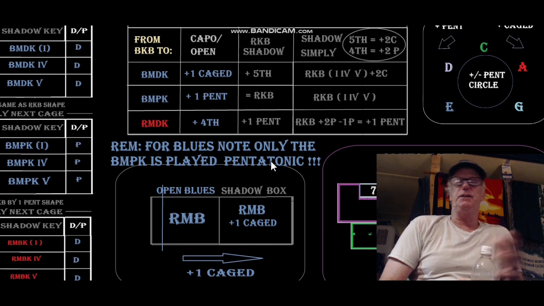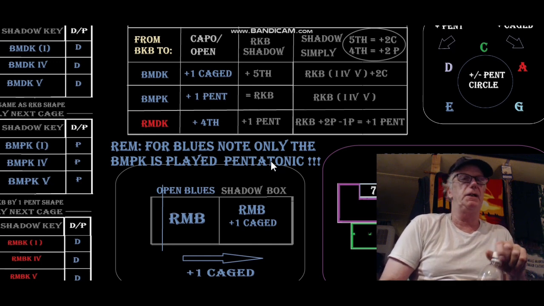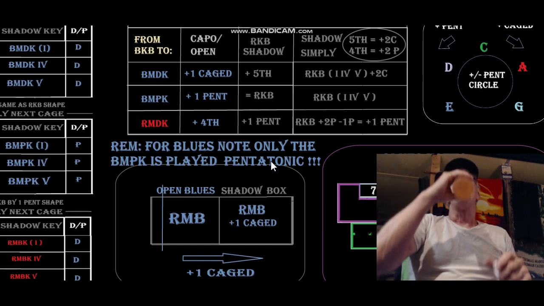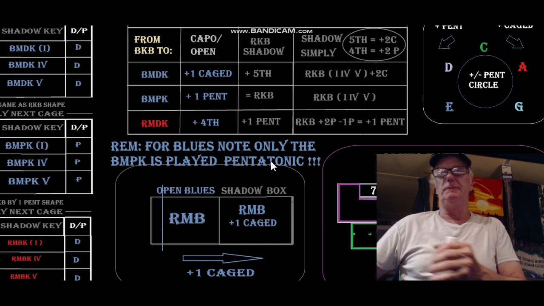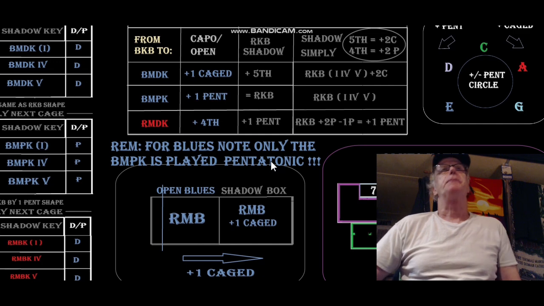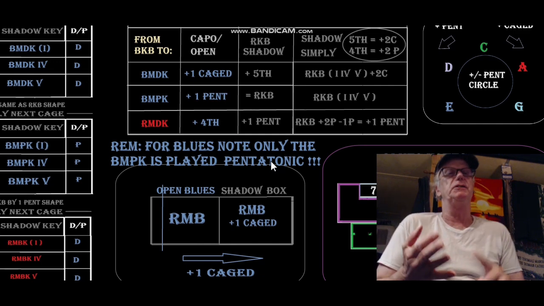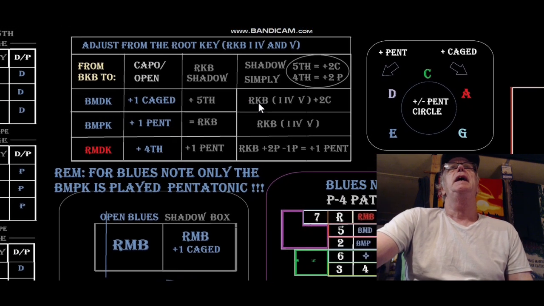I thought, hey, anything you can play diatonically, you can play pentatonically, right? It didn't work out that way. I have a strong suspicion that it's very important not to play the blues magic diatonic key pentatonically. I found it didn't sound good and the blues note didn't come out where it should be.